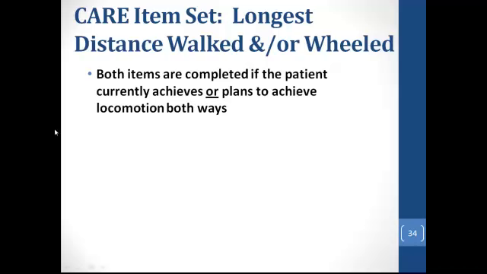The therapist should complete both items if the patient achieves locomotion by walking and using a wheelchair, or the patient currently uses a wheelchair and does not ambulate, but ambulation is a goal of the therapy plan of care, or the patient currently ambulates and does not use a wheelchair, but using a wheelchair is a goal of the therapy plan of care.